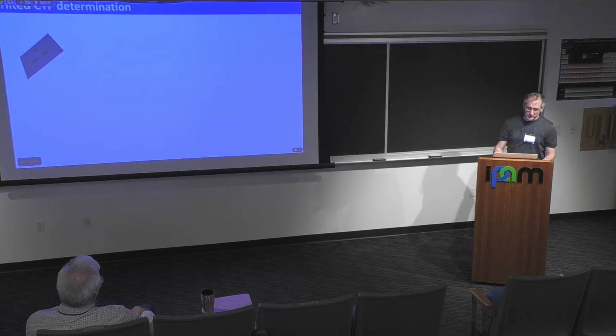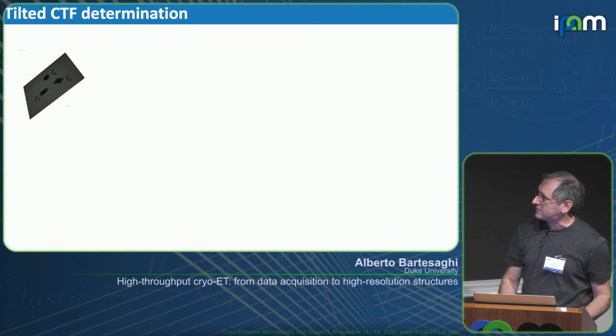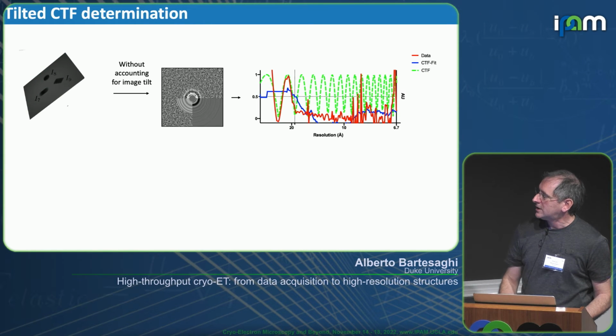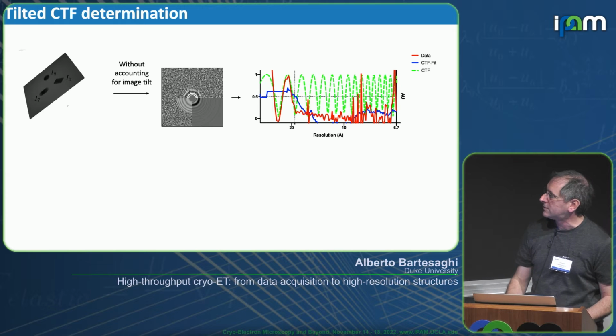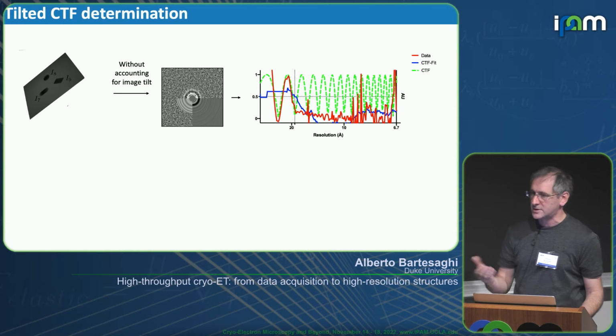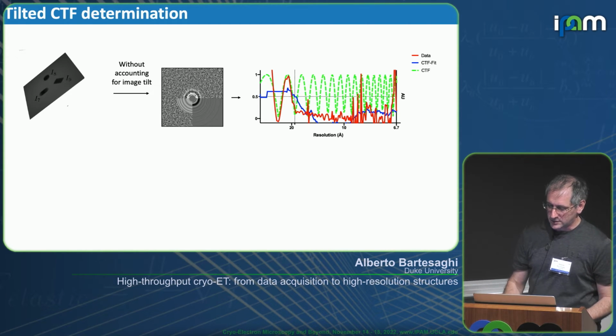Okay, so just to give you one example, when you have a tilted image, obviously the defocus is going to change with respect to the orientation and the position of the tilt axis. So if you just run a regular CTF estimation, like CTFFIND4, the best you can hope for is to get one or two of the first Thon rings, but then everything else is going to be completely off.